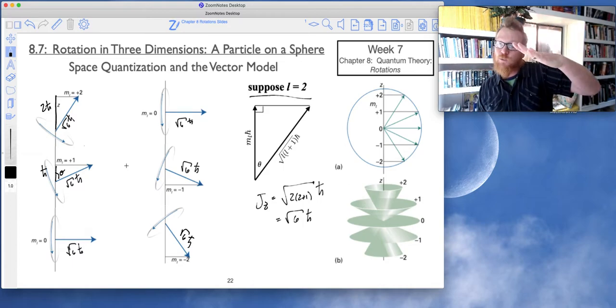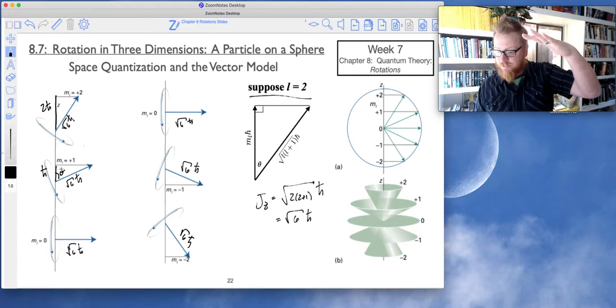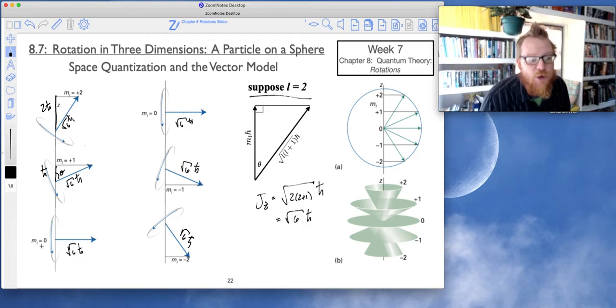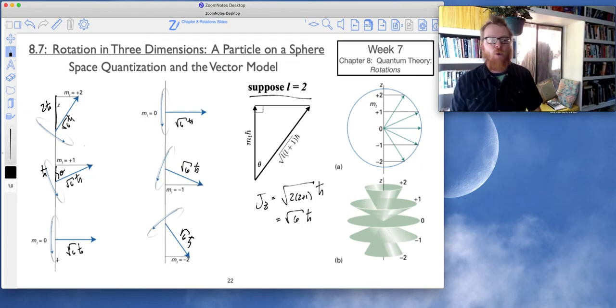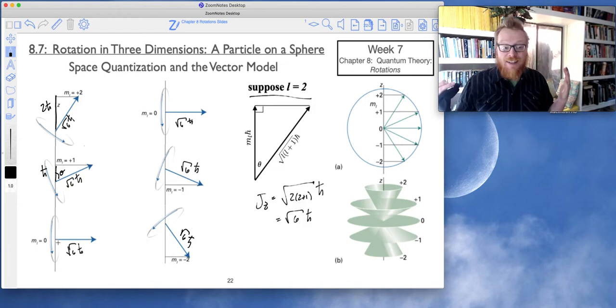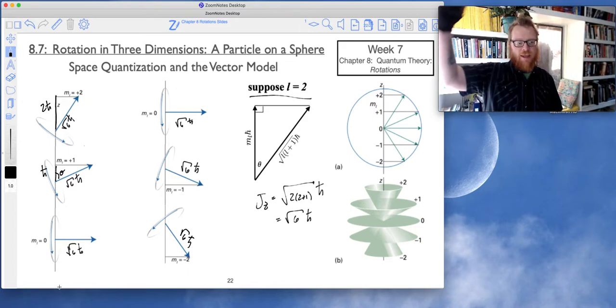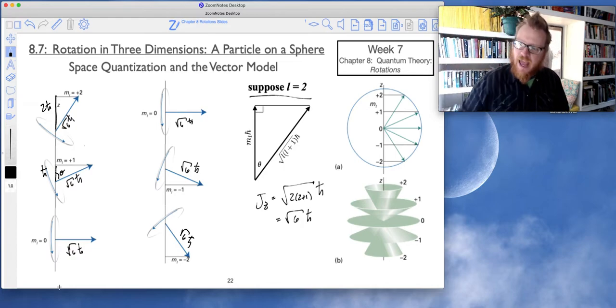And so that's describing that extra pitch from the ml plus 2 state to the ml plus 1 state. Very cool. And what you can also see is for ml equals 0, there's no angle whatsoever because there's 0 z component. So this describes a particle that's rotating perfectly in the plane.